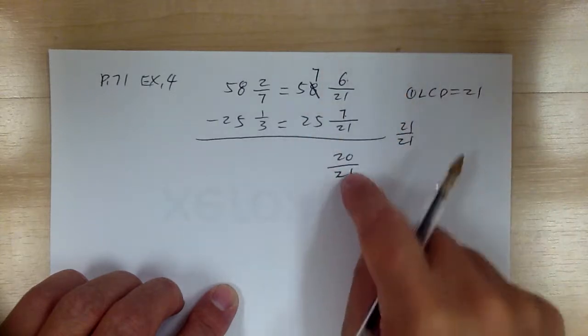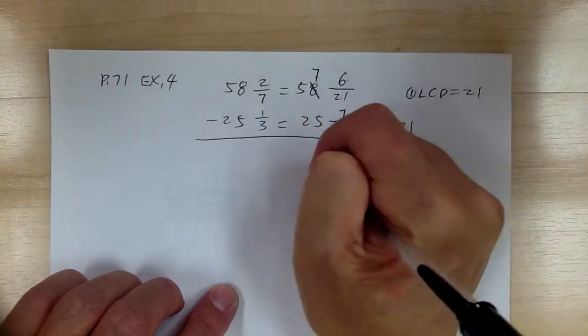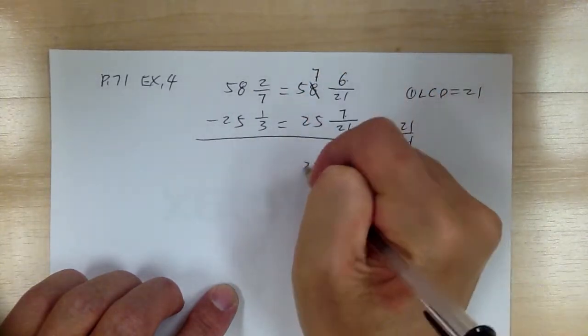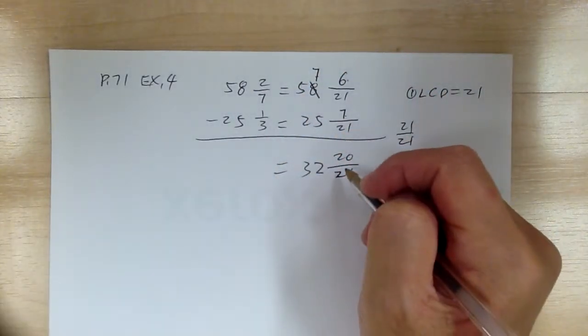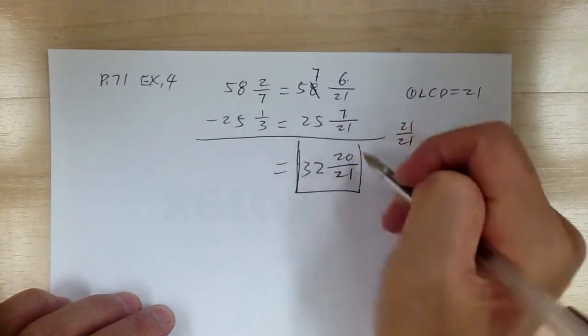So now you're done with the fraction. Now you can subtract the integers. 7 minus 5 gives you 2. 5 minus 2 gives you 3. Then you have to check to see if you can simplify. This one you cannot, so that is your answer already.